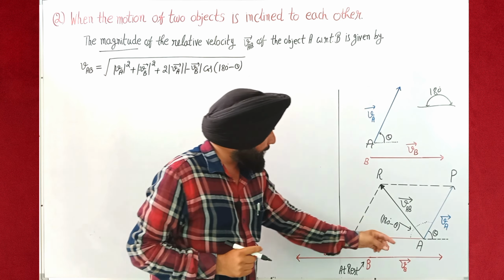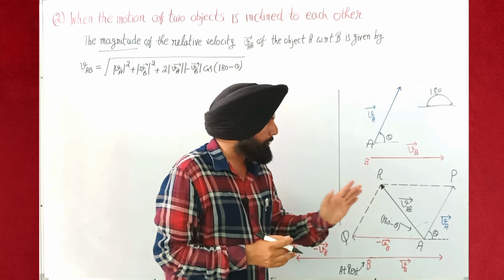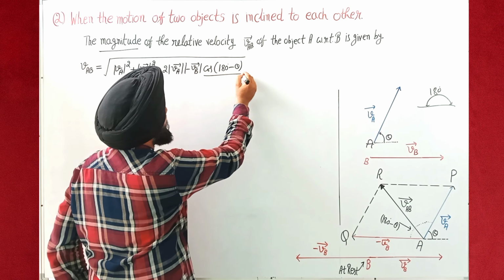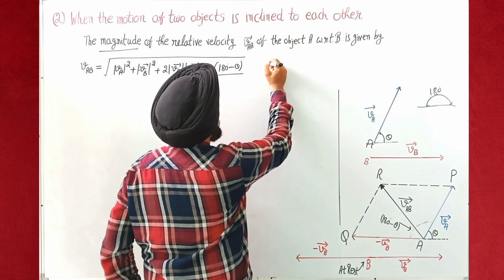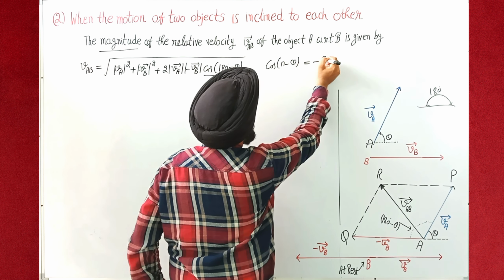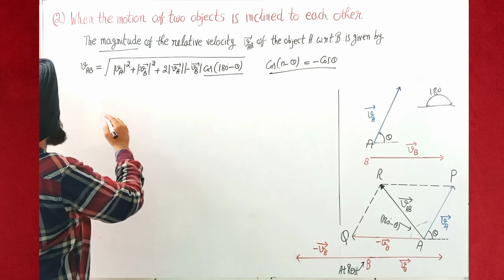The angle between these two vectors, that is 180 minus theta, we have already discussed. Now cos 180 minus theta, cos pi minus theta, equals minus cos theta. This property we will use here.